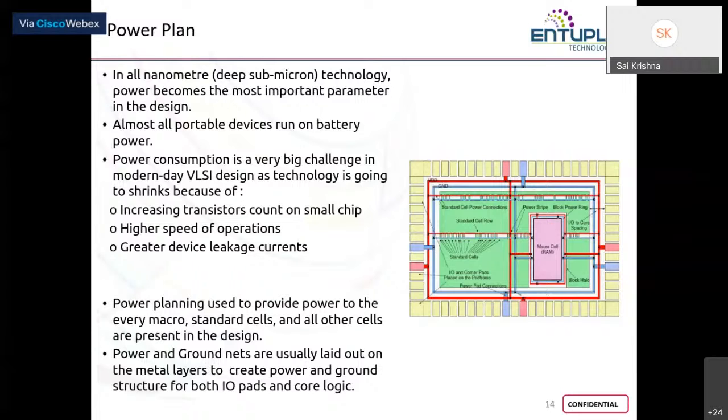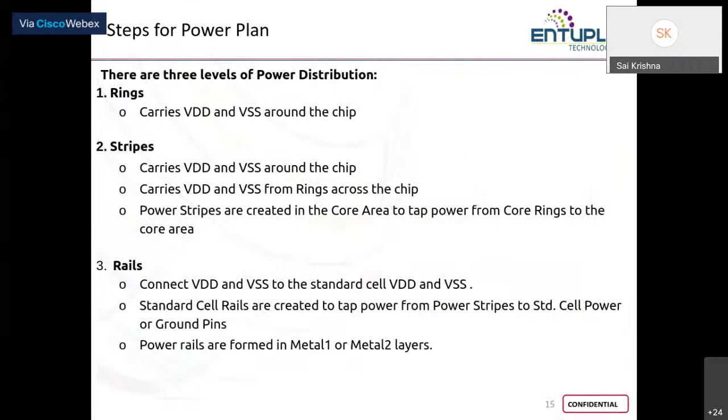Also, nowadays we are using low threshold cells which have high leakage currents, and the switching happens very quickly, especially in deep submicron technologies, that is, below 45 nanometer or below 22 nanometer. So that's why it's important to power plan your design, in order to propagate the power properly.